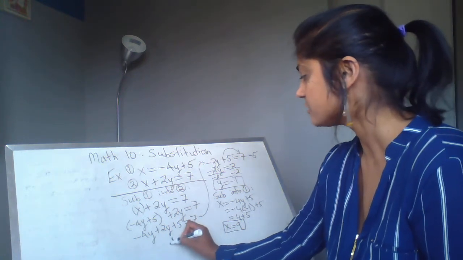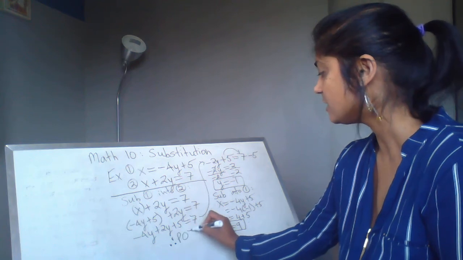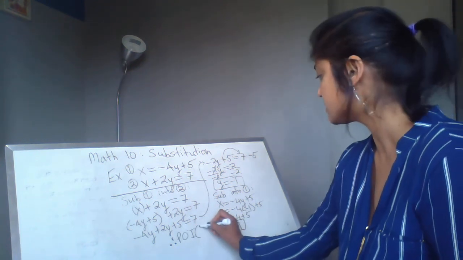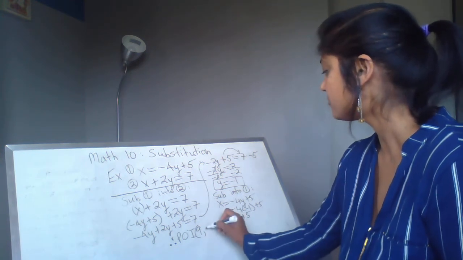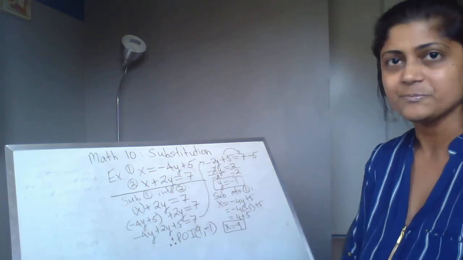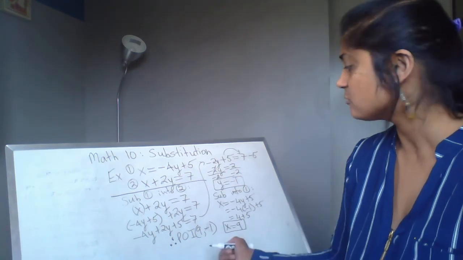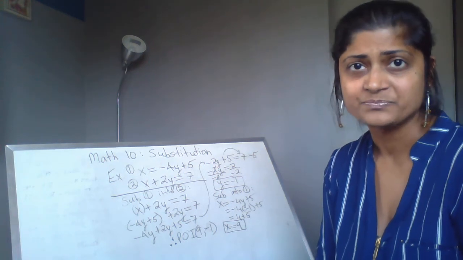And so therefore, we're going to put our therefore sign here, and we're going to put POI, the point of intersection, in brackets, and it's going to be (9, -1). So again, if you were to graph these two lines out, I will find that the point of intersection is going to be (9, -1).